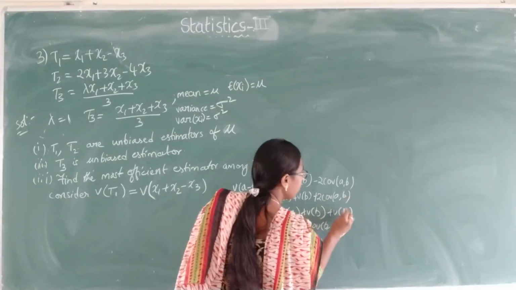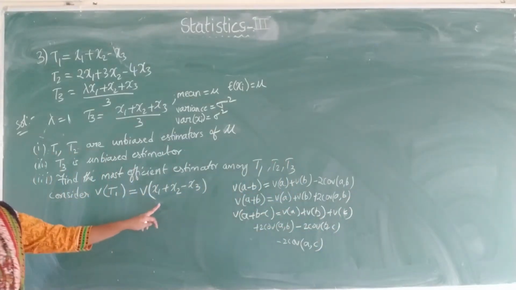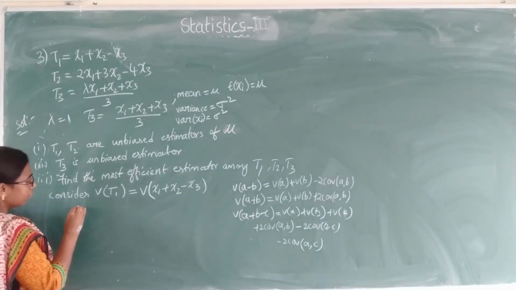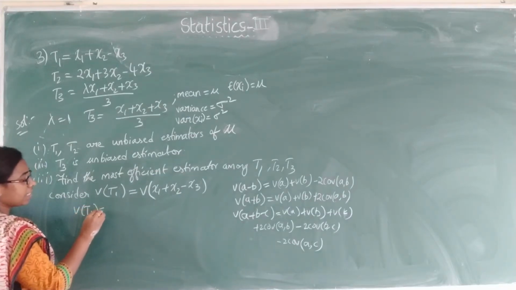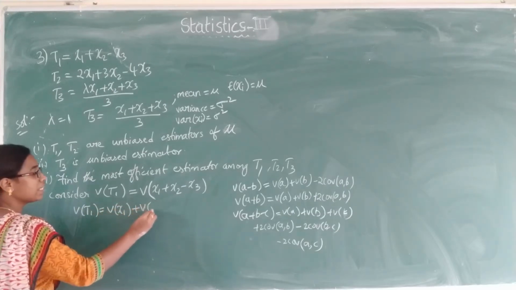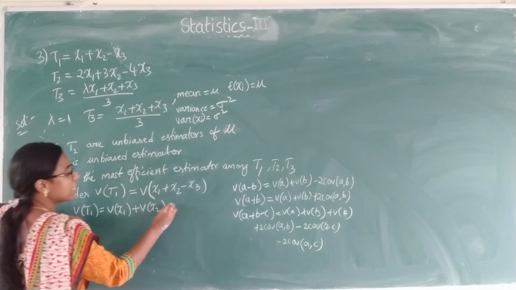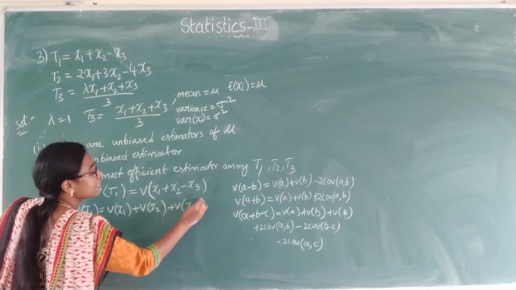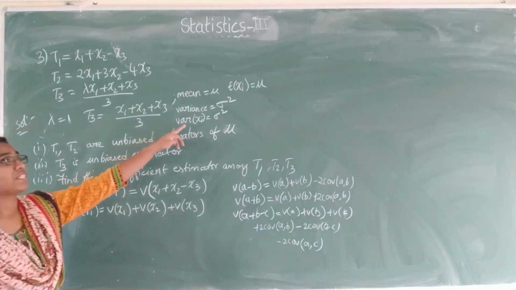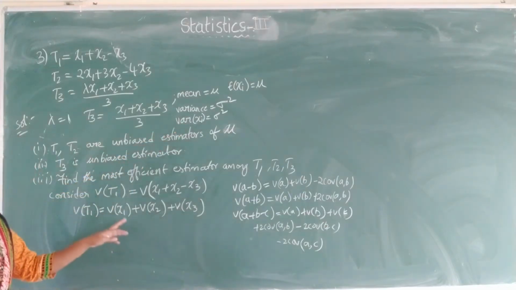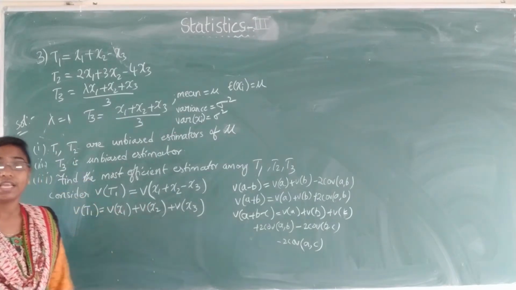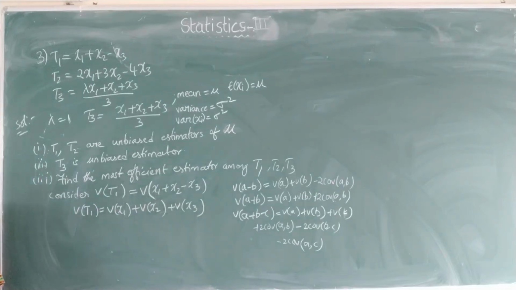So here we have variance of x1 plus x2 minus x3. This can be written as variance of T1 equals variance of x1 plus variance of x2 plus variance of x3. Since variance of xi is sigma square, for all the sampling units x1, x2 and x3 the variance will be the same, that is sigma square.